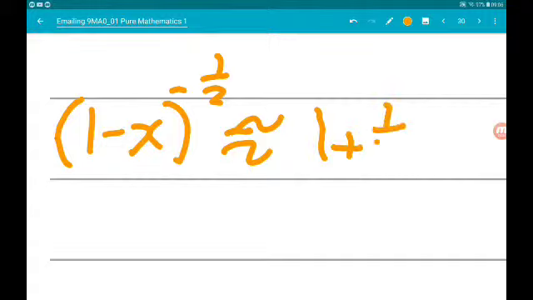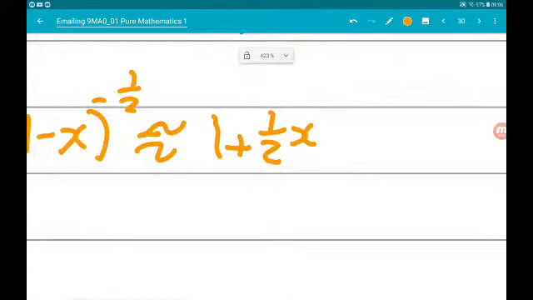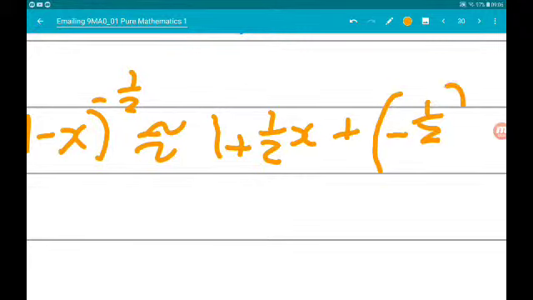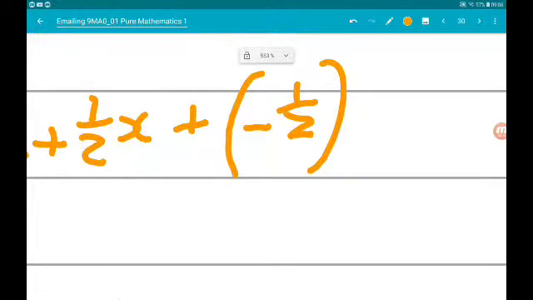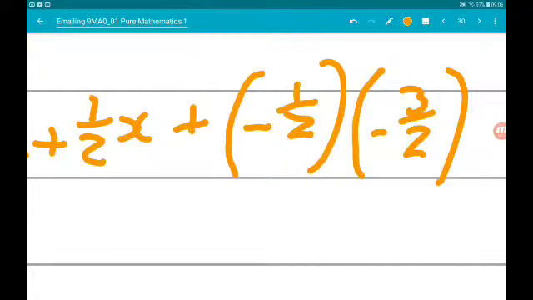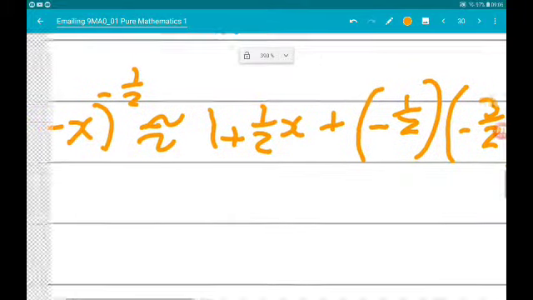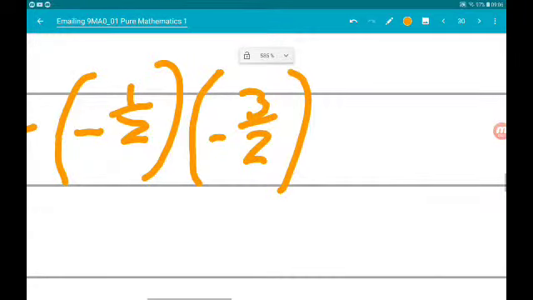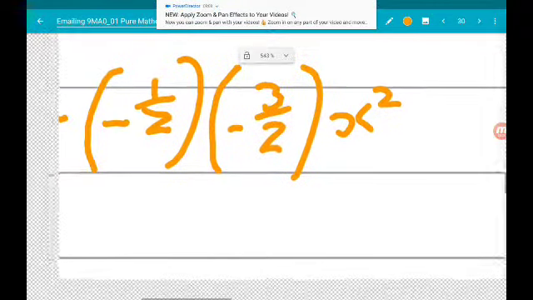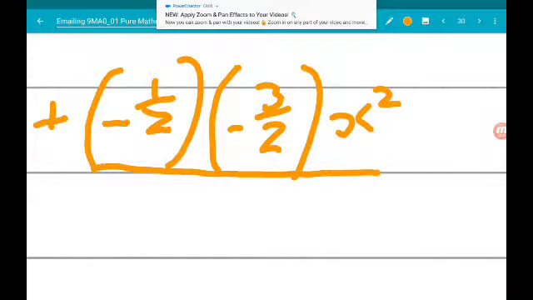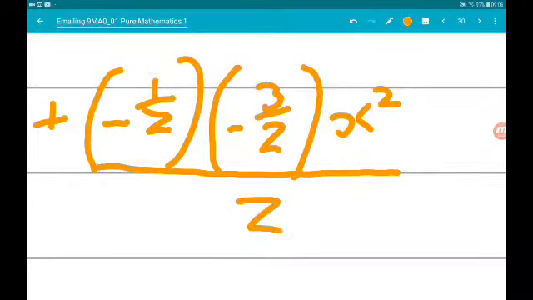Okay, and then we're going to get add n, so minus a half, times n minus 1, so minus 3 halves, times minus x all squared, so that's going to be positive x squared, and then that is all over 2.